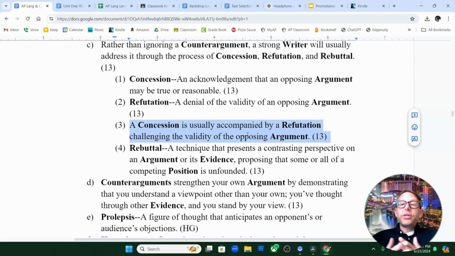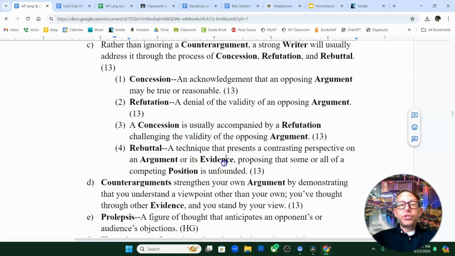So you want to, in many cases, unite together that concept of a concession and a refutation, so that you can not only build your own ethos by conceding where it's appropriate, but also show how that opposition isn't really understanding the matter as adequately or effectively as you might be.